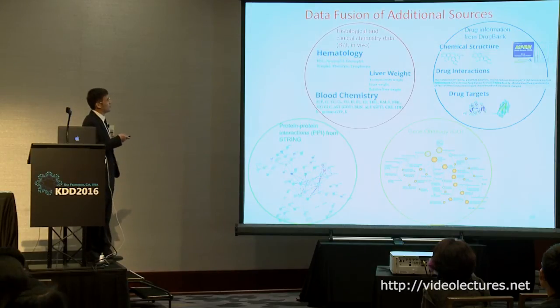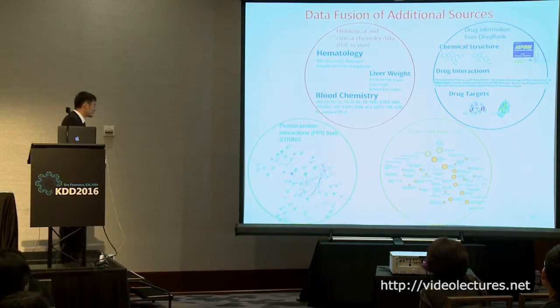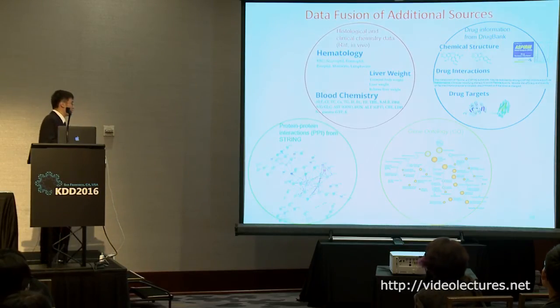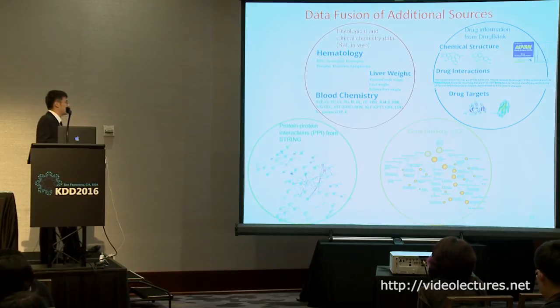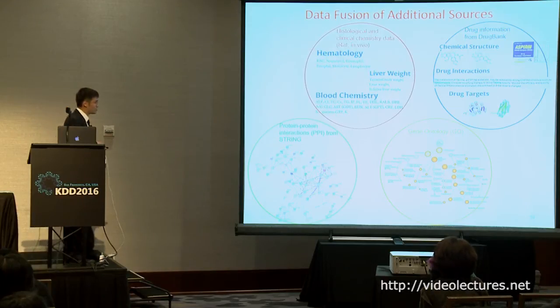And also, they consider a lot of drug information from DrugBank. It's the chemical structure, like the drug interaction and drug target, to measure the drug similarity, basically. And for the protein similarity, because genes can be transcribed to proteins, they also consider the protein-protein interaction from STRING. And also for the gene similarity, they also consider the GO from gene expression, right?